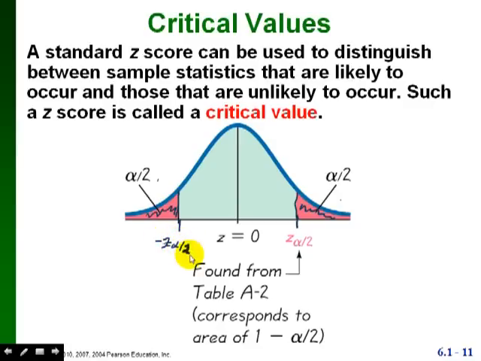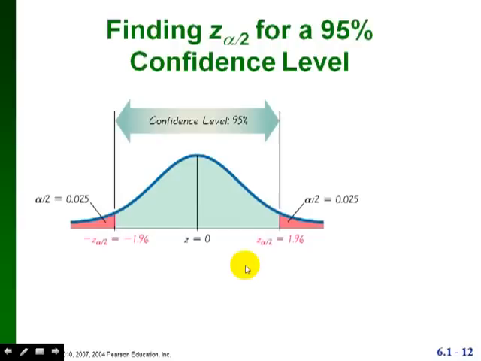All right, so here's how we're going to find this. First, we figure out what our alpha is. If our confidence level is 95%, that tells us that alpha is going to equal 100% minus that. So alpha is going to equal 5%. We want to change that to a decimal form.